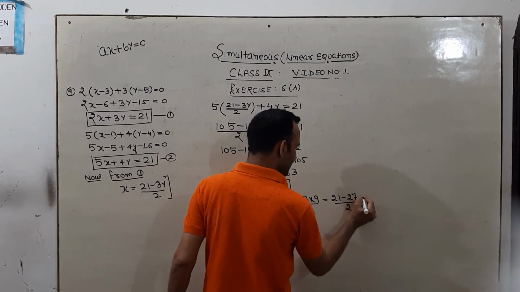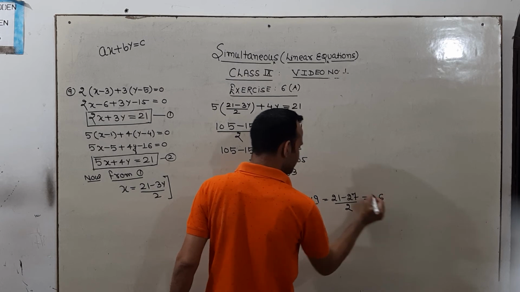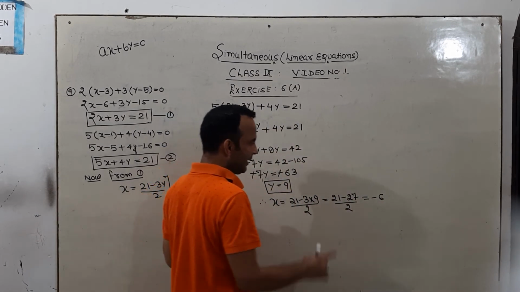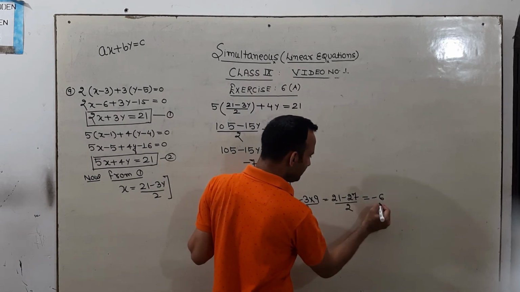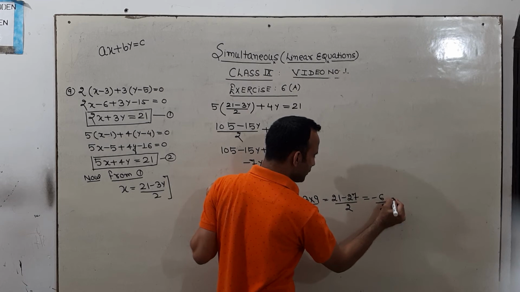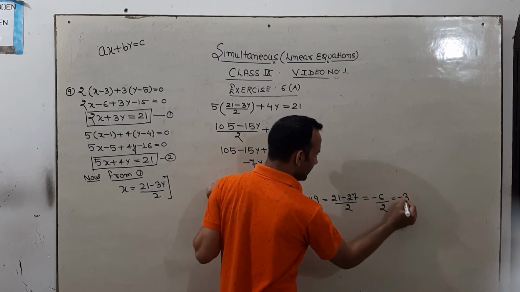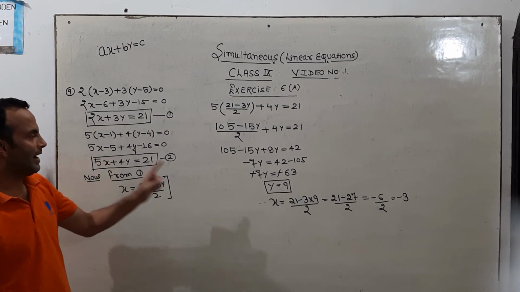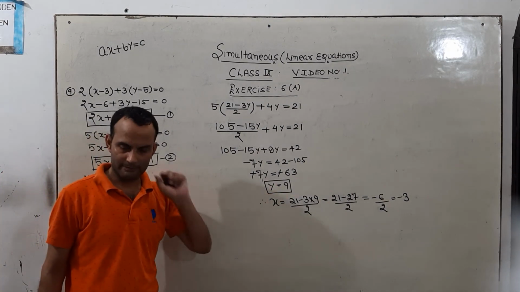This is what? This is negative 6. 21 minus 27 upon 2, which is equal to what? Negative 3. So the value of x is negative 3 and the value of y is positive 9.